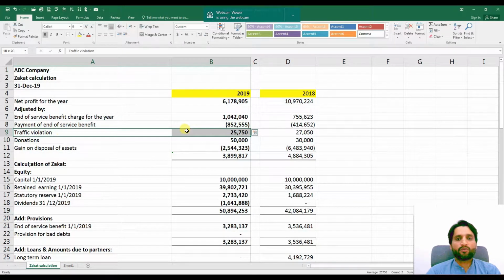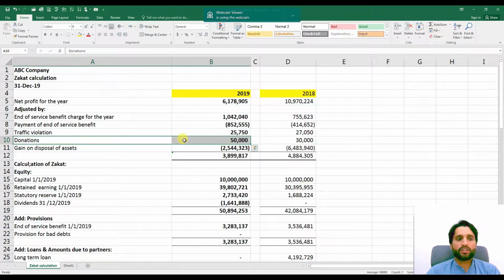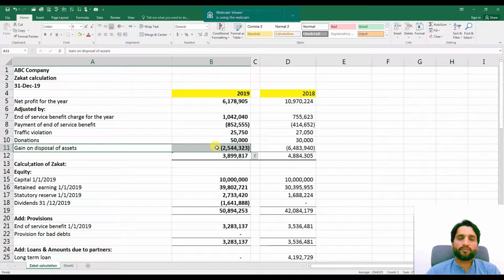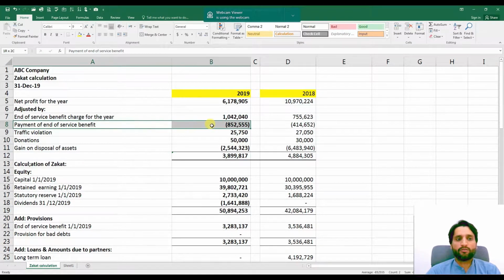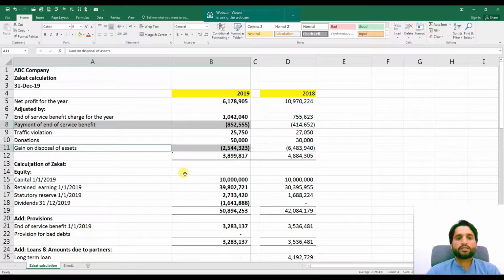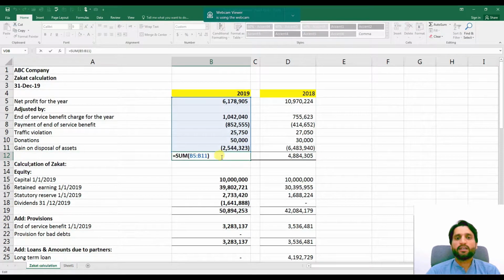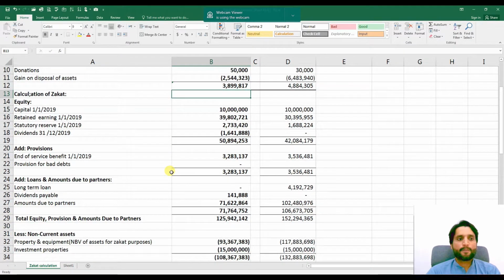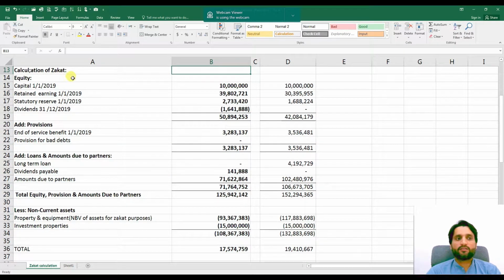And any traffic violation, donation or gain on disposal of assets, like some assets we have disposed of and we get something, we have to mention here in minus figure. One is the payment of end of service benefits and the gain on disposal of assets. These are in minus, so the total is going to be these values. Enter.